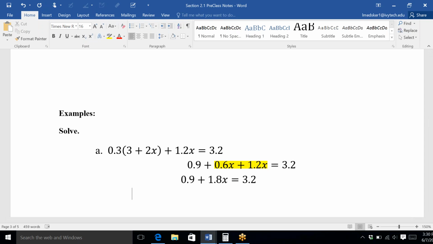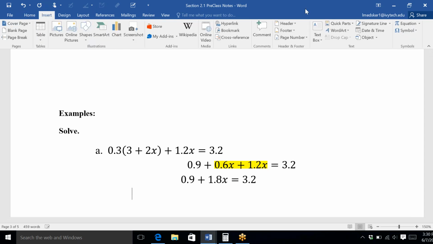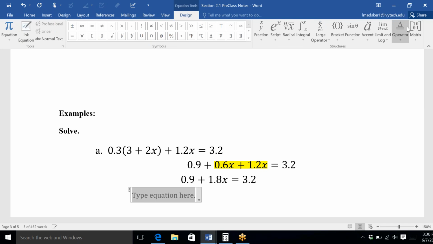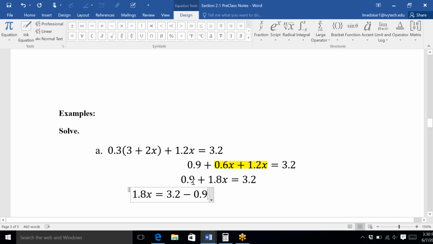Okay, now we have the x over here on the left side, but this 0.9 does not have an x, so we want to get rid of it. To get rid of a positive 0.9 and move it completely to the other side, we subtract it. Now, you should be at a point in your math career where you can write it like this without showing me subtraction underneath. All I did was move the term from the left side to the right side, and I changed its sign once it arrived on the other side.